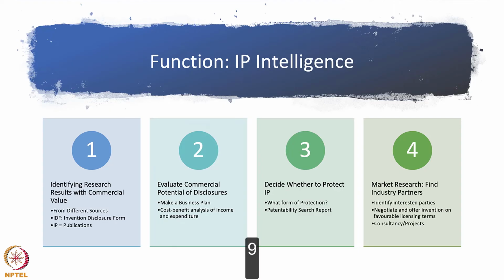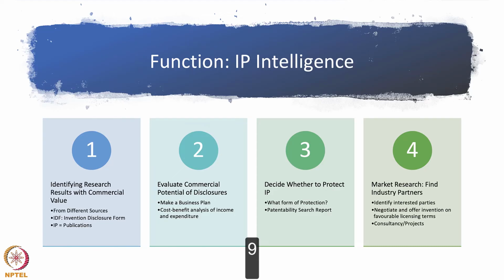So if the institute has a long list of publications happening at regular intervals, and if the professors are informed that before you publish you have to actually do a screening on whether something can be patented, then that will set a culture where the publications before they get published are also screened for IP. So that's the first part of IP intelligence, identifying research results with commercial value.